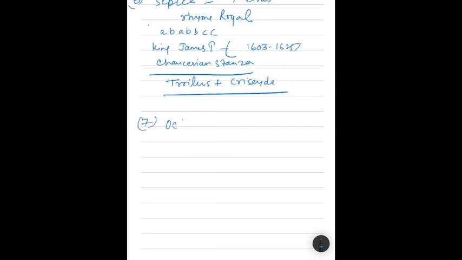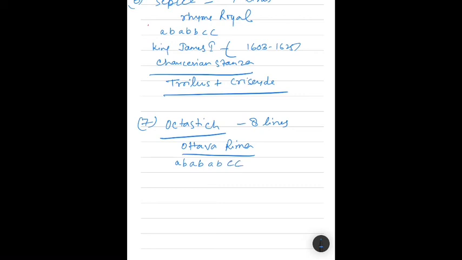Next is Octastich, just as Pentastich. Similarly, Octastich is a stanza of 8 lines. And I'll also tell you here in this context, Ottava Rima. Ottava Rima is the 8-line iambic pentameter stanza having the rhyme A B A B A B C C.